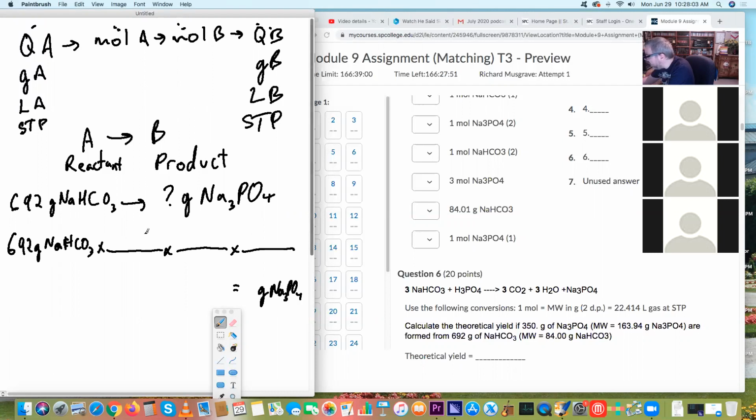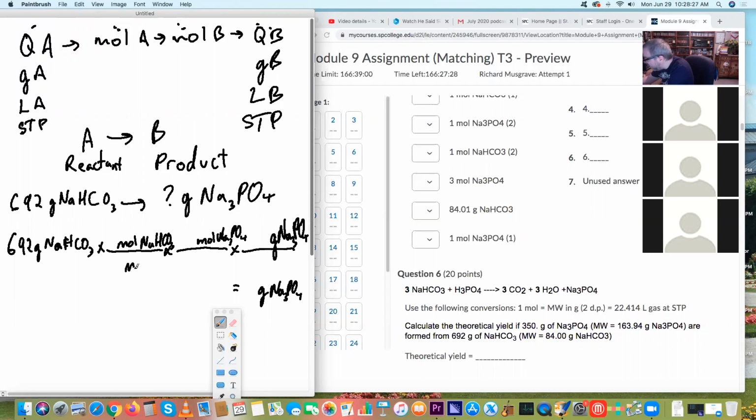When I'm filling this in, I know that's going to be moles of NaHCO3, and that's going to be moles of Na3PO4. I'm just getting that from up here: grams NaHCO3, moles of NaHCO3, moles of Na3PO4, and then we're looking for grams of Na3PO4.